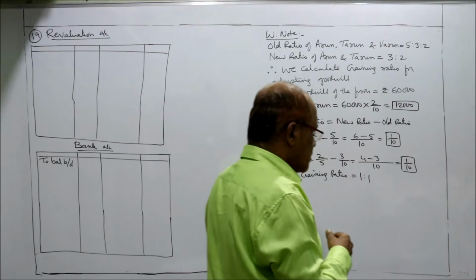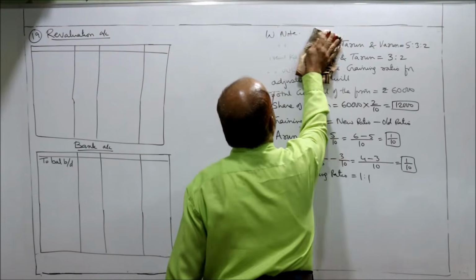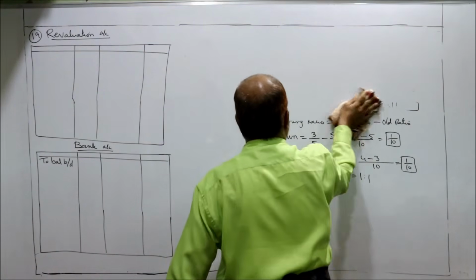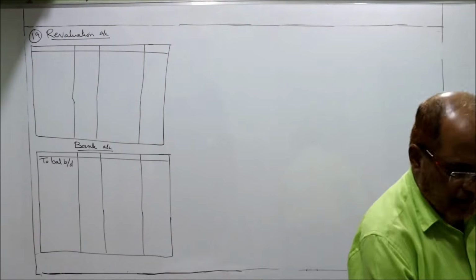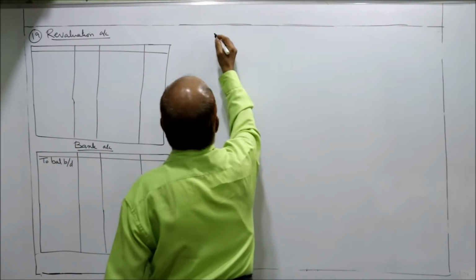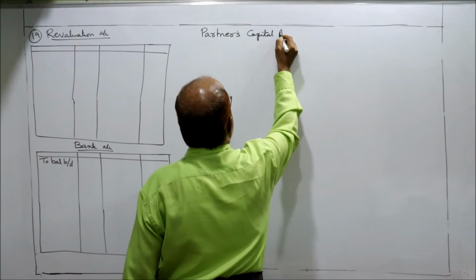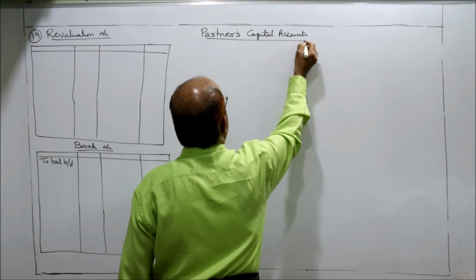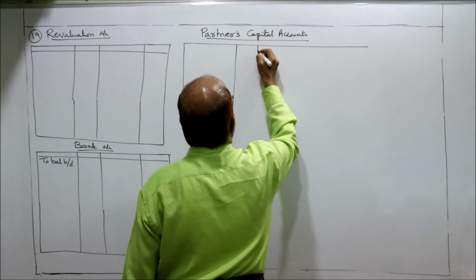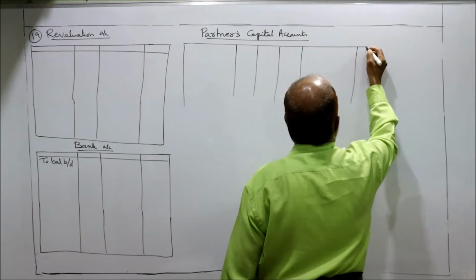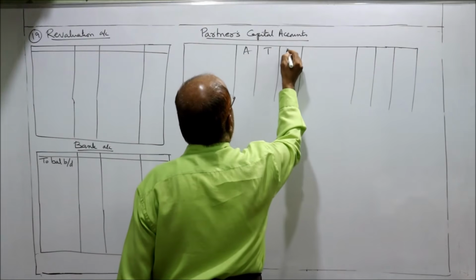Then we'll make the accounts of partners. Partners capital account. Arun, Tarun, Varun.